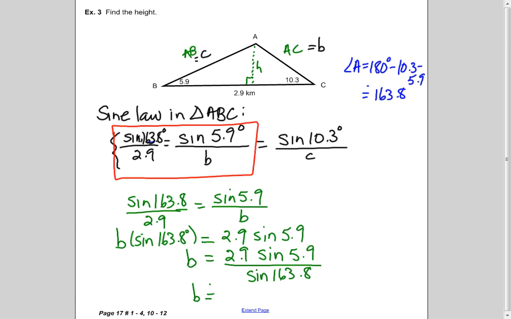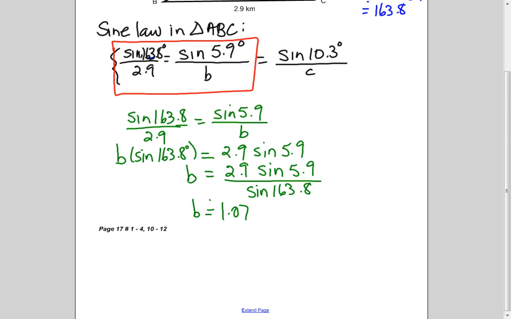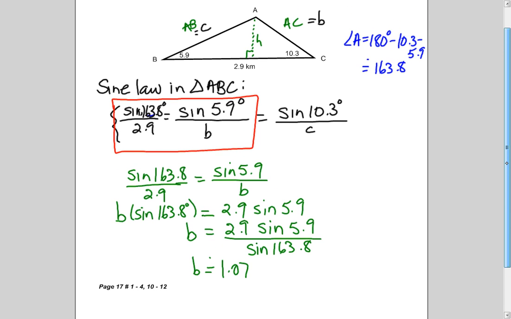I got about 1.07, which would certainly seem reasonable with the diagram that we've been given. But that wasn't the end goal. The end goal was to find the height. So if I have found little side B, I'm going to replace it with 1.07.